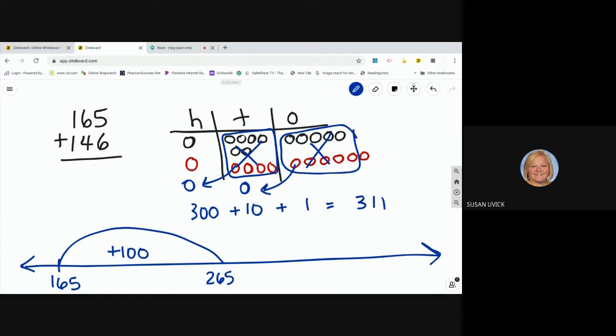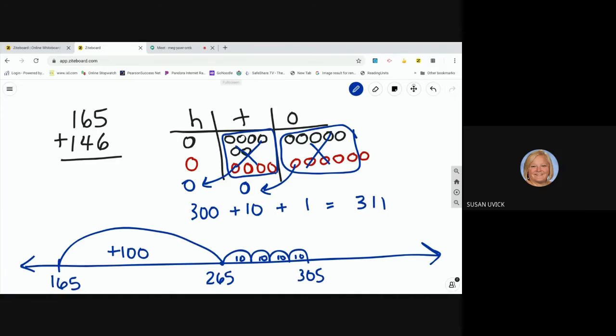Okay, so now what do I have? I have 4 tens to add. So let's add the 10. We'll count by 10. 275, 285, 295, 305. All right, now each one of those was adding a 10.